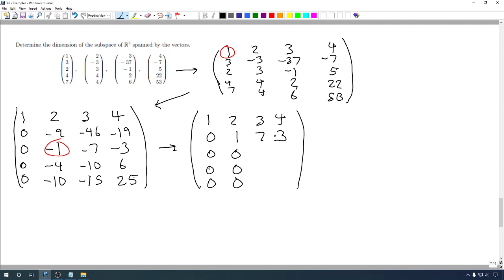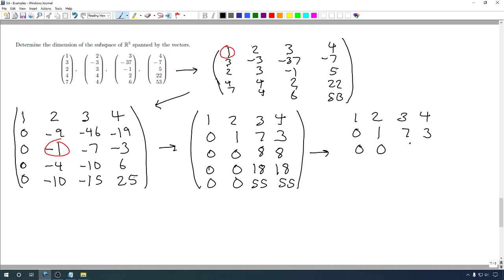Now what does that do to the rest of it? Well, our third row is now going to be 8, 8. Our fourth row is going to be an 18, 18. And our fifth row is going to be a 55, 55. So hopefully you can kind of see where that's going. Because we have one last step for our Gaussian elimination. That first row is going to stay the same, and second row is going to stay the same. Our third row, we are going to have to multiply by something to change that into a leading 1.